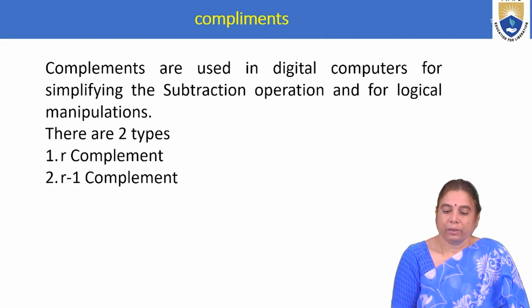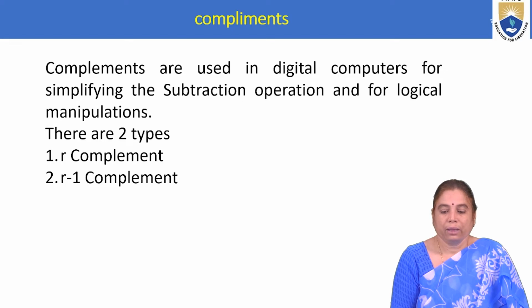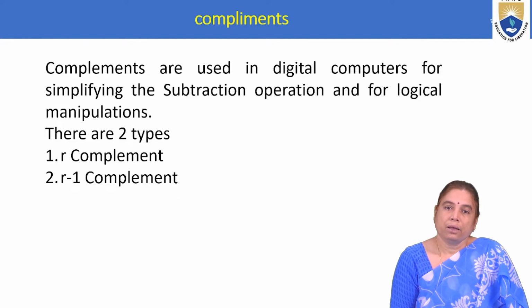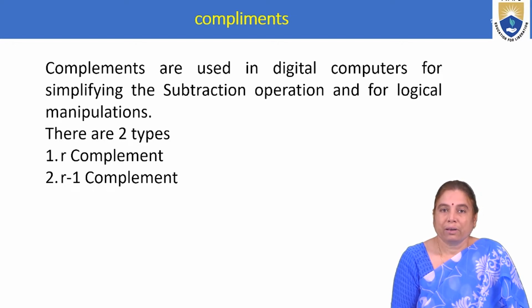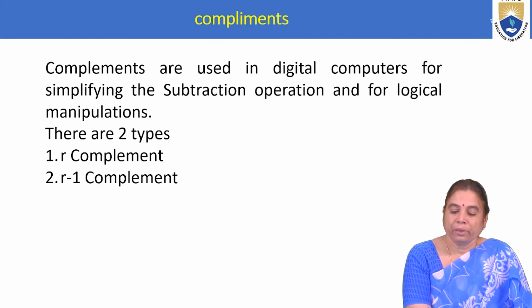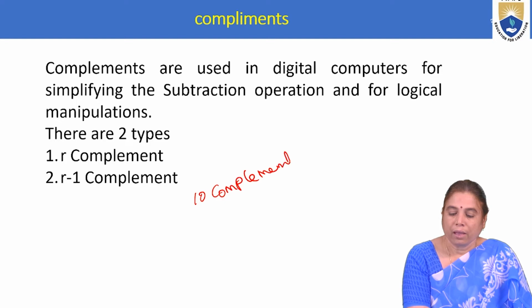What are complements? Complements in the digital computer are used to simplify the subtraction arithmetic operation and also to simplify some logical operations. Generally, for any number system, two types of complements are available. One is the base complement, that is the R's complement, and the other is the base minus 1 complement. For example, in the decimal number system, the base complement is the 10's complement and the base minus 1 complement is the 9's complement.